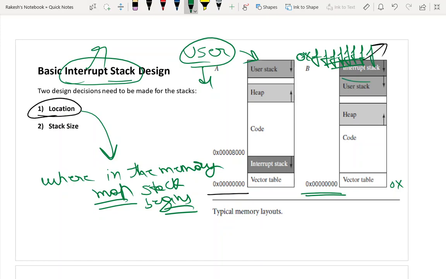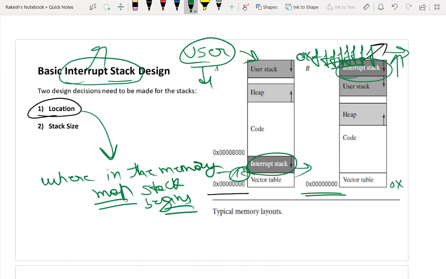In this case you have put the interrupt stack at the higher memory address, whereas in this case you have put the interrupt stack at the lower memory address. Maybe this vector table is at 1C or somewhere, and after that the interrupt stack begins, whereas in this case the interrupt stack is at the higher memory address. This is higher memory address and this is lower memory address.